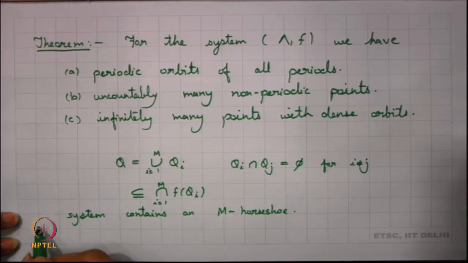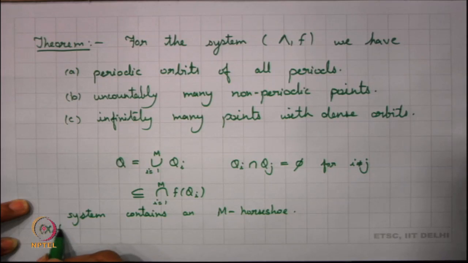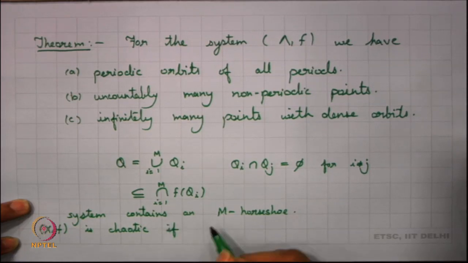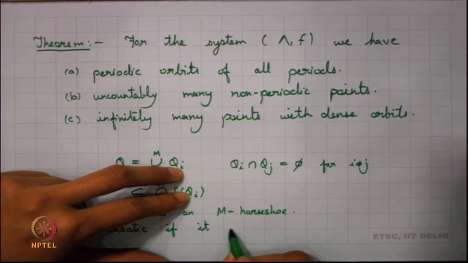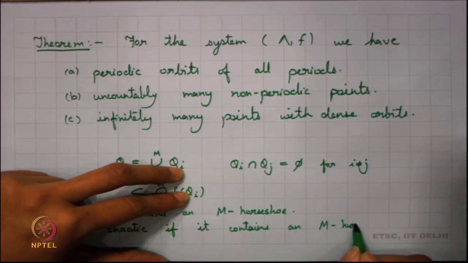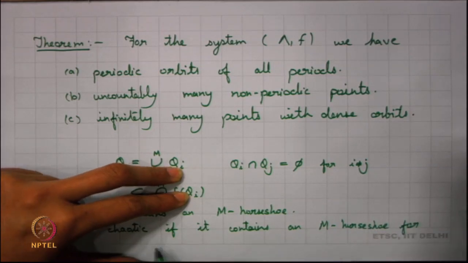So, we say that the system Xf is chaotic if it contains an M horseshoe for some m greater than or equal to 2.